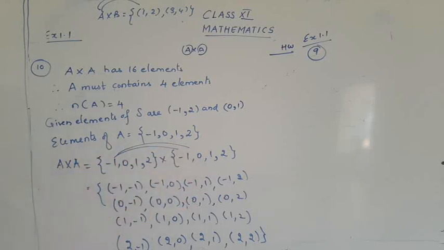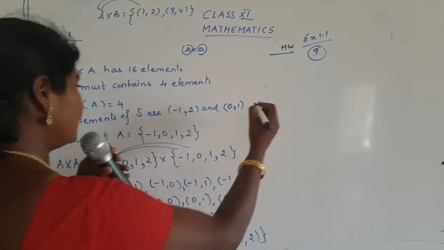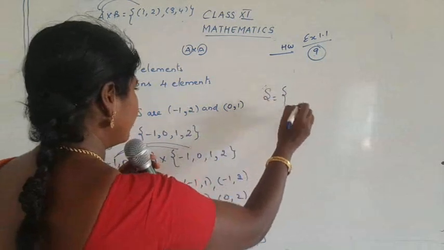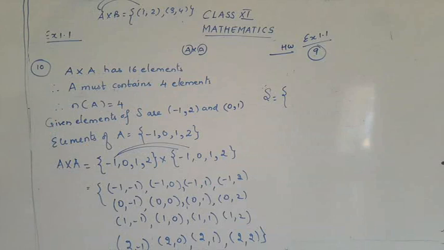So we have found all the 16 elements. Now some conditions are there for S. So we have to check the conditions for S and we are going to find out the remaining elements of S. So let's find out all the elements of S first and let's see then what are the remaining elements. I'm going to write down here the elements for S.